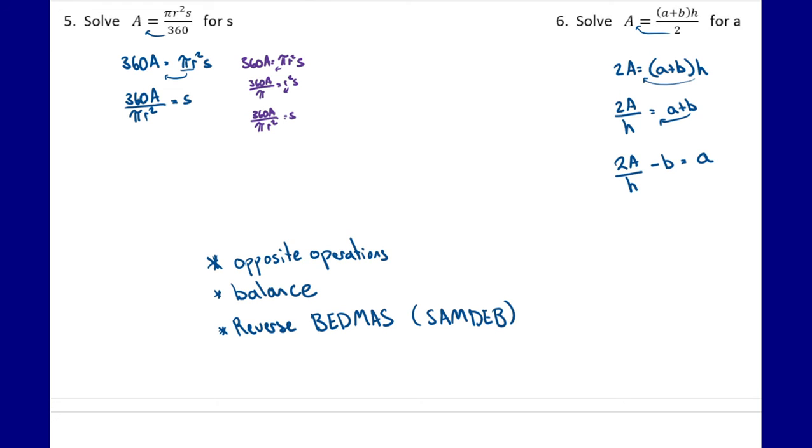Now that generally only applies when you have what we call a two-step equation. So it might not always be like this, because we also want to get rid of fractions first. Get rid of fractions first, and then we get rid of brackets.